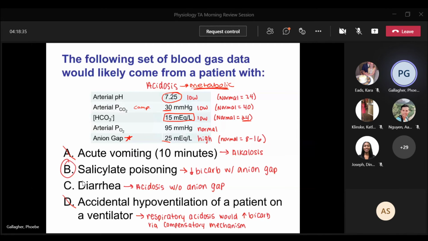One of the causes of those are salicylate poisoning, diabetic ketoacidosis, lactic acidosis. Other toxins can lead to that. He's not going to give you both salicylate poisoning and diabetic ketoacidosis because that would be unfair, but he will give you either something like salicylate poisoning or something like ketoacidosis. He'll use either or.